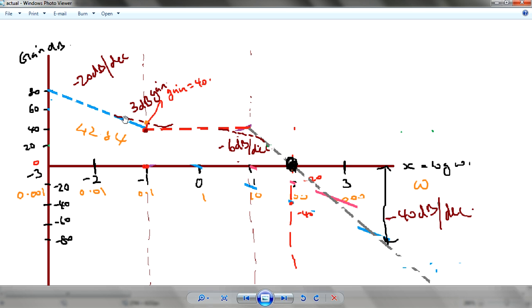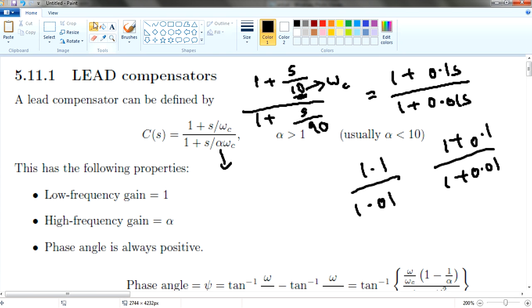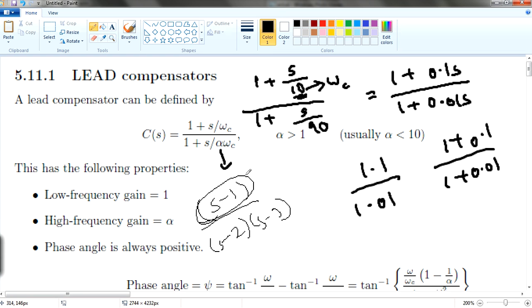If you remember, if I have 1 plus S divided by 1 plus S, S minus 1, S minus 2, S minus 3. If I have this thing over here and it's only one degree, it's 3 dB.